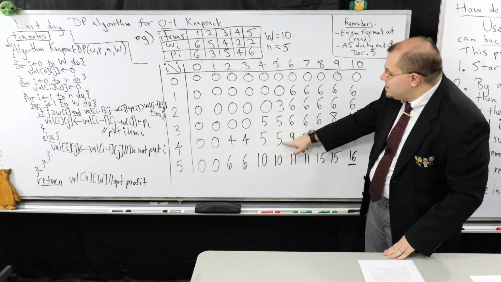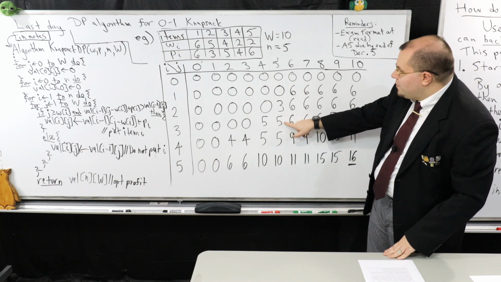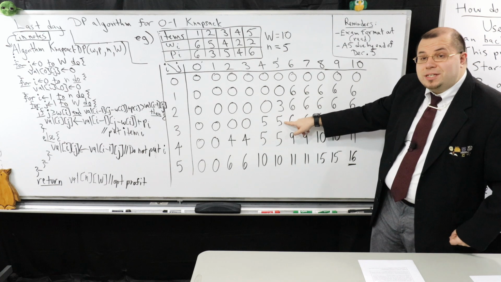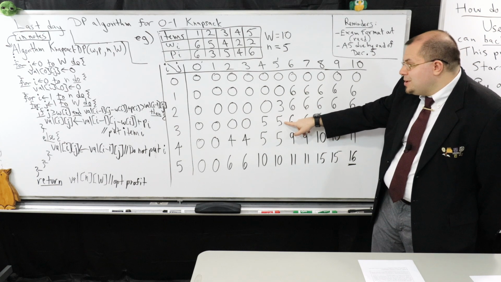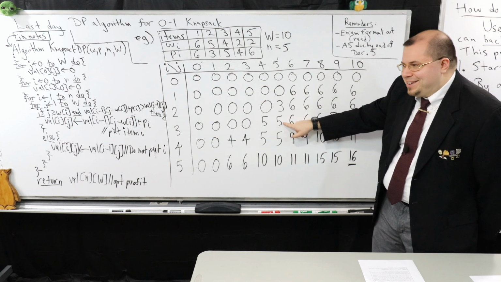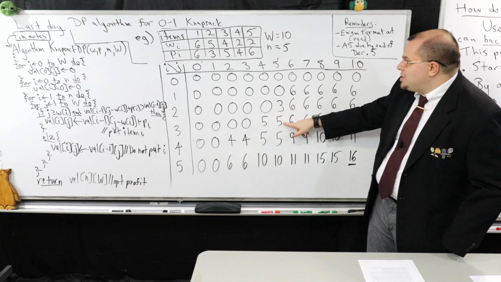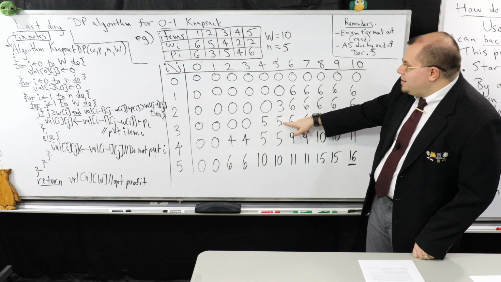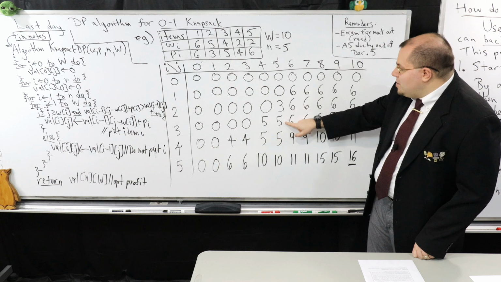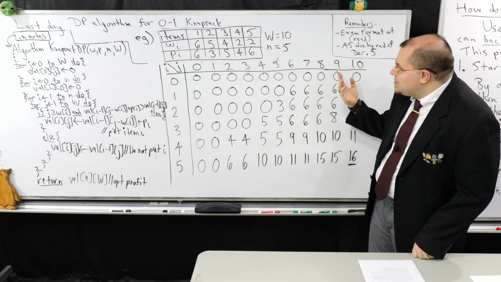So there's really 2 positions to look. The one directly above it, which means I don't include item 4, and I look at what the best thing is currently. Or I look at a position where I consider the weight, which would be 2.